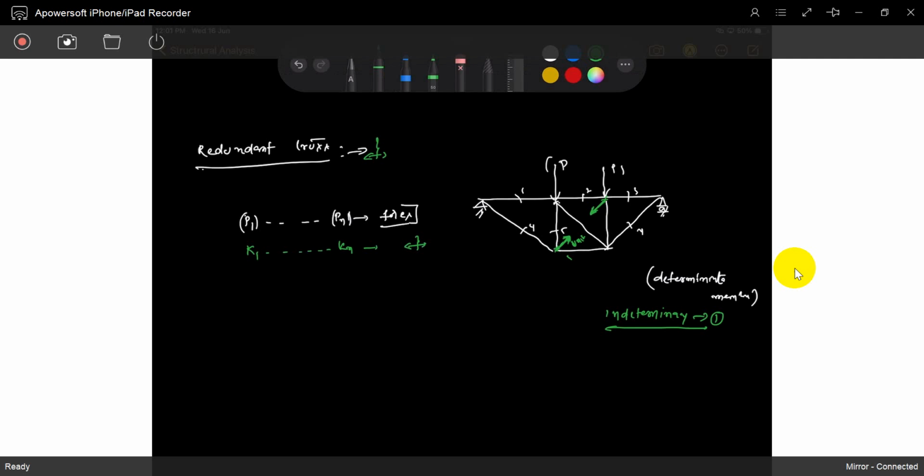Now if you consider the redundant member has Q force, and I don't know Q. The redundant member has a Q force. If the redundant member takes a Q force, then for unit force, how much is taken? K. But in reality, the redundant member has Q force.